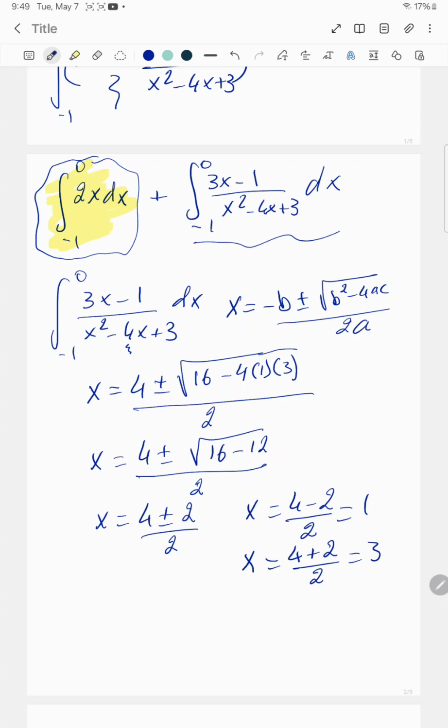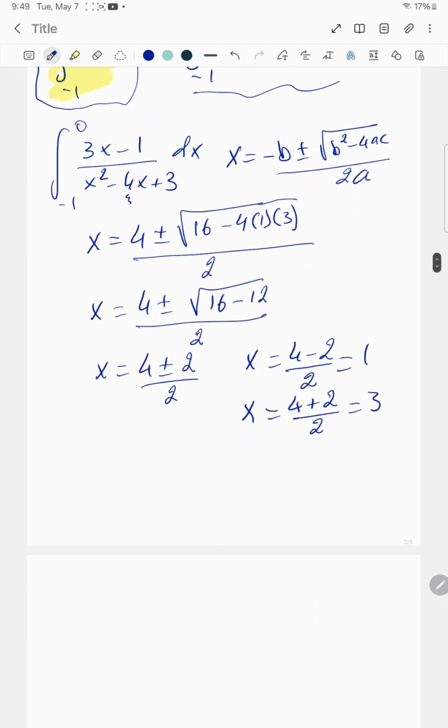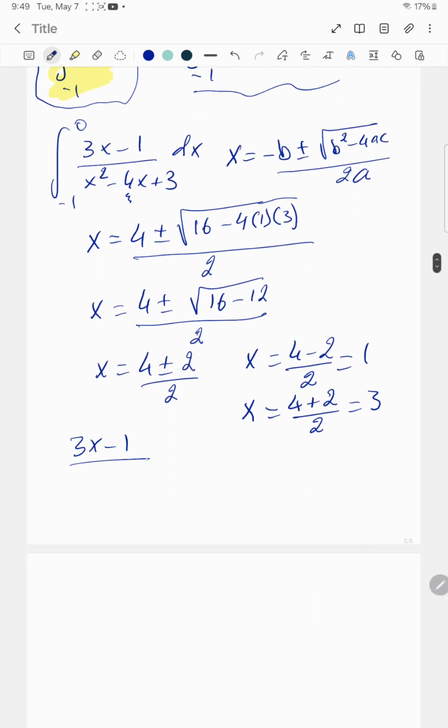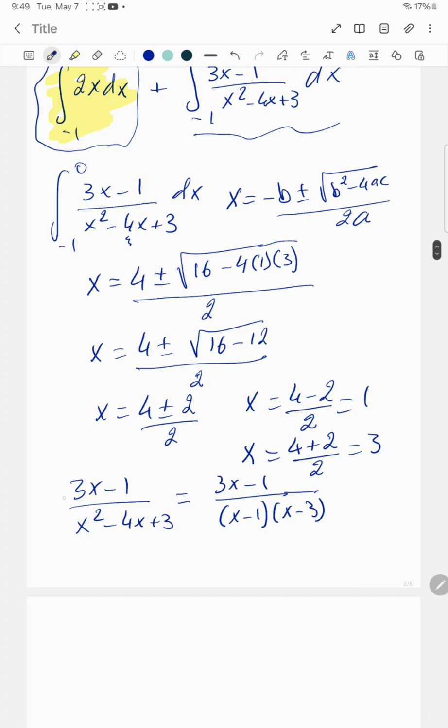So my integral here, 3x minus 1 divided by x squared minus 4x plus 3, I can write as 3x minus 1 divided by x minus 1 times x minus 3. So that integral is equal to that integral, between minus 1 and 0.